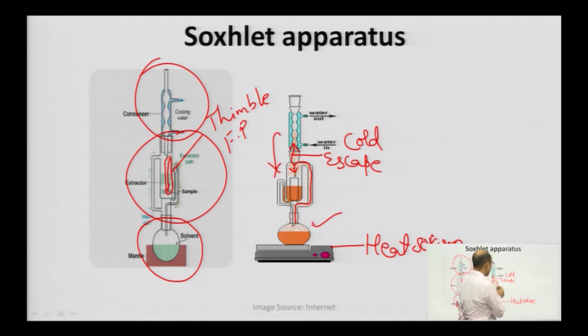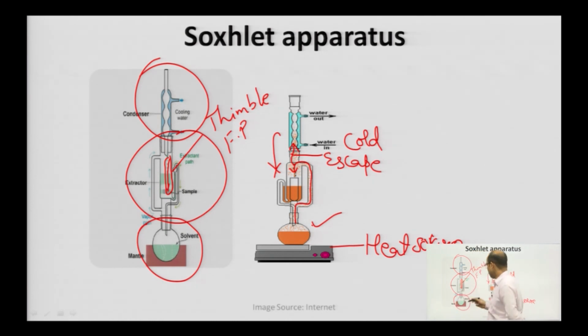and these droplets fall over the drug which is packed in the form of a thimble, and continuous dropping of solvent onto the packed drug causes the extraction of the drug in the particular solvent.